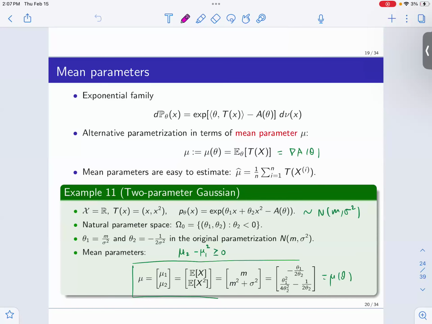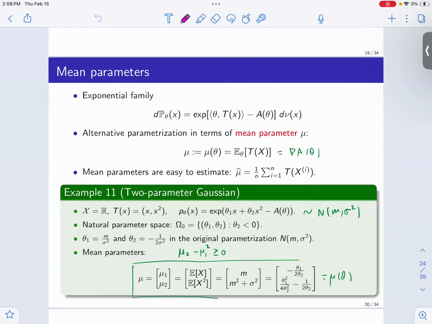And for every natural parameter, I get a corresponding mu. And from the differential identities that we saw, this is going to be the gradient of the partition function.